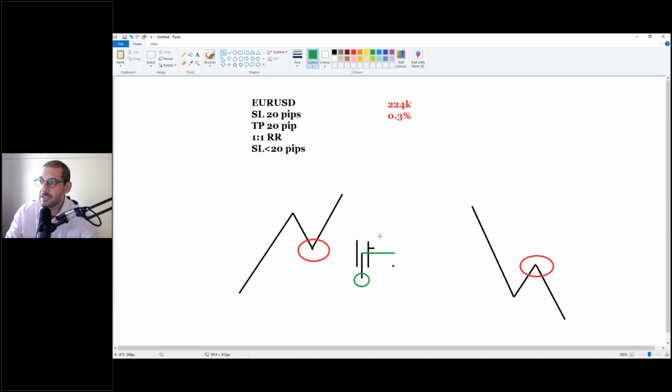Without that, we can't enter. Just to give you an idea, we're going to get an impulse up, correction down, wait for the pattern, and then we'll try and move it up. If it's going to the downside, the pattern will look like this.